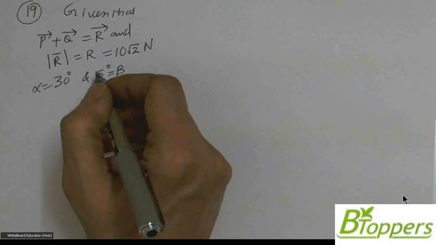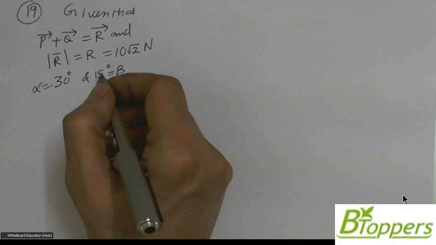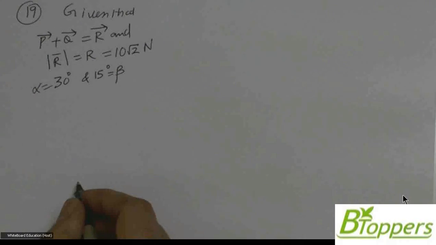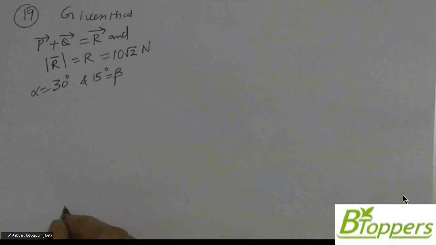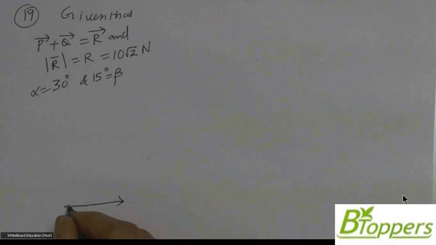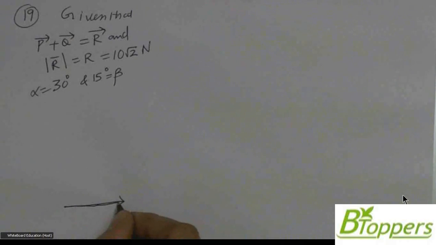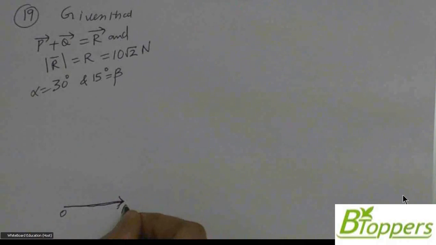From the parallelogram law of addition of vectors, the two vectors P bar and Q bar are represented graphically by the adjacent sides of the parallelogram, such that the tail of vector P bar is attached to the tail of vector Q bar. The diagonal of the parallelogram passing through their point of intersection represents their vector sum or resultant.